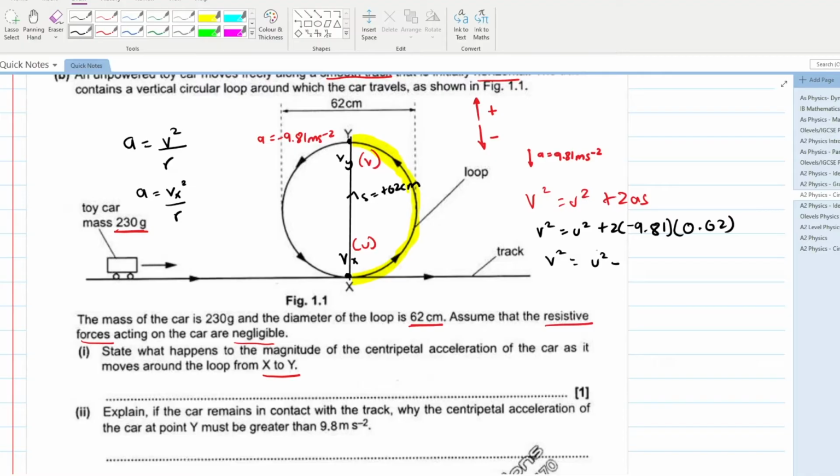This comes out to be 12.16. So this is how you calculate your velocity at point y. This v is the velocity at point y. This u is the velocity at point x.